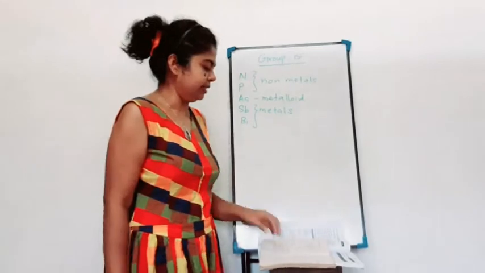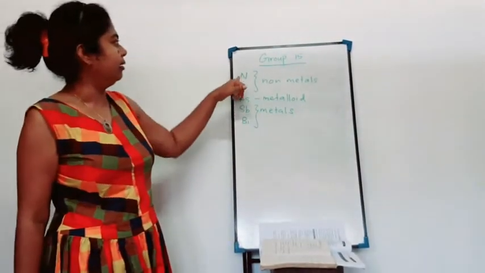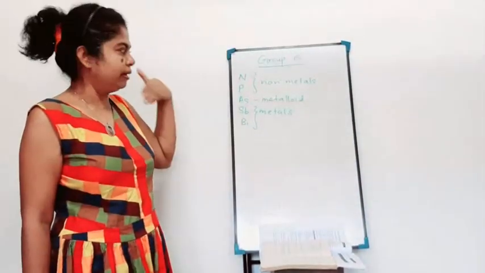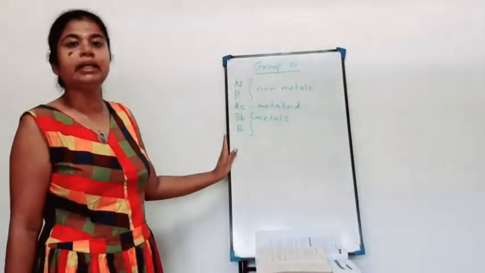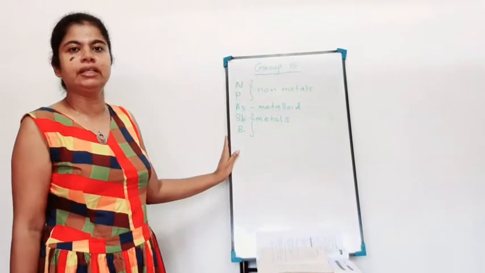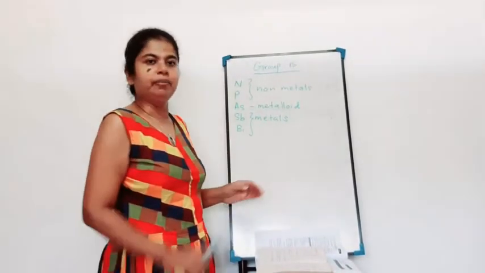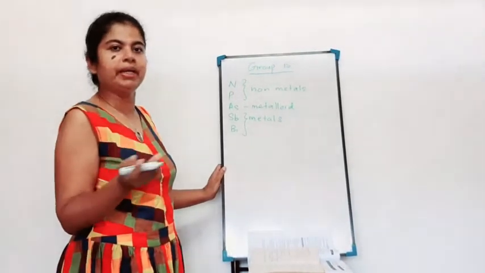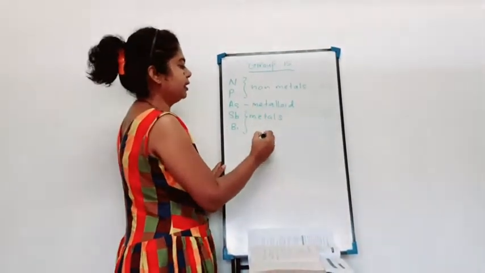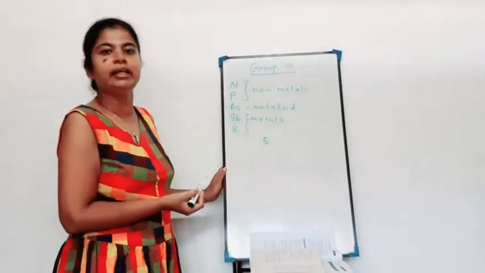Can you think what the common electronic configuration of this group 15 element is? I think all of you can memorize it. 5 electrons in the outermost energy level.